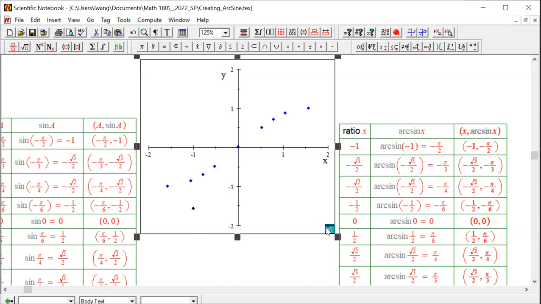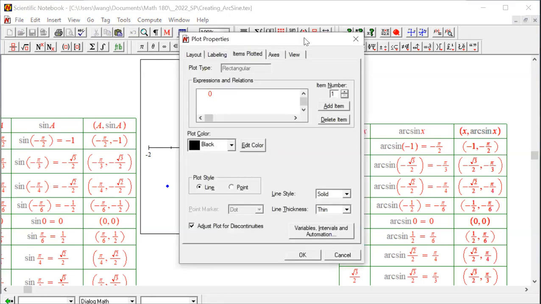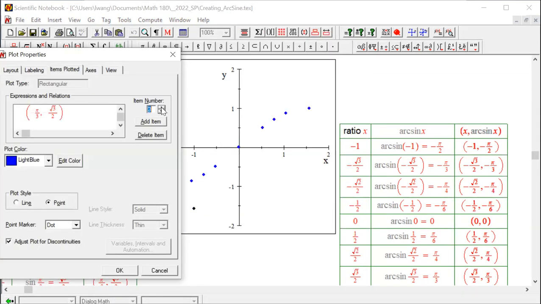Okay, we're gonna plot point by point. We choose a black dot, so that's going to be the black dot, negative √3. That's the second point. And add another point. That's going to be -√2 over 2, negative pi over 4.